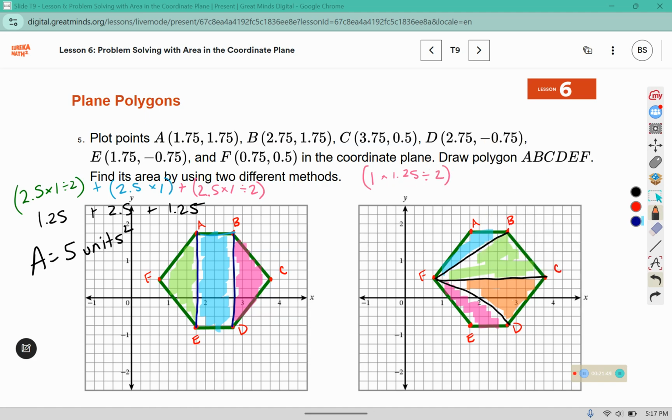The orange, this is 4 boxes makes a whole, 1, 2, 3 wholes, and the height is 1.25.